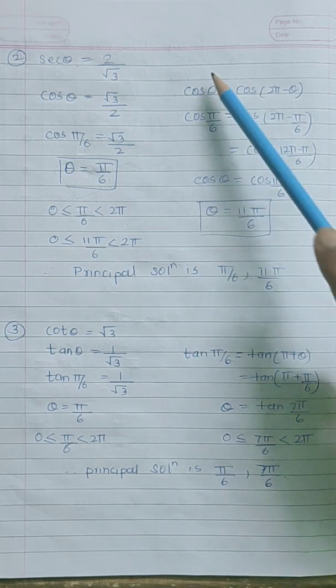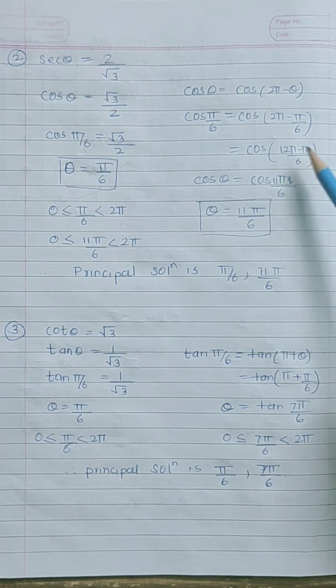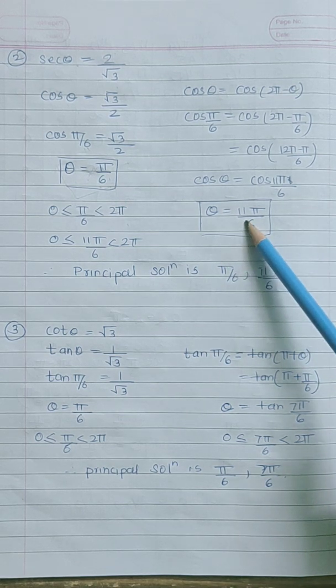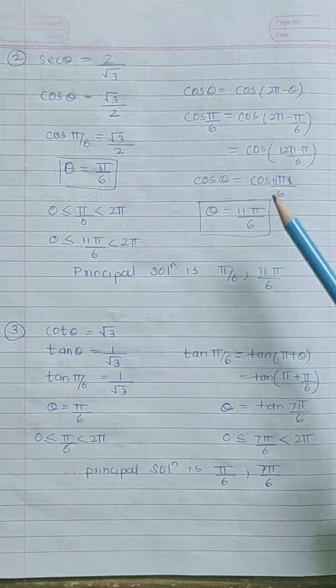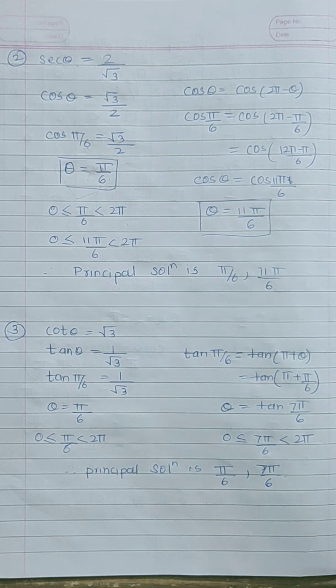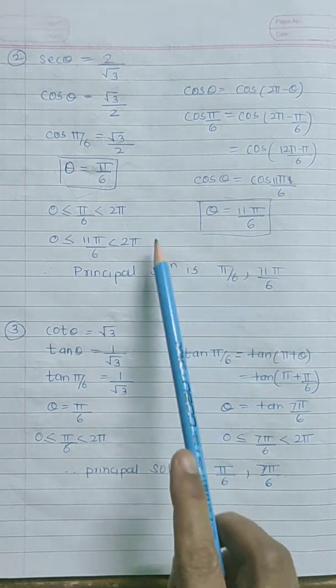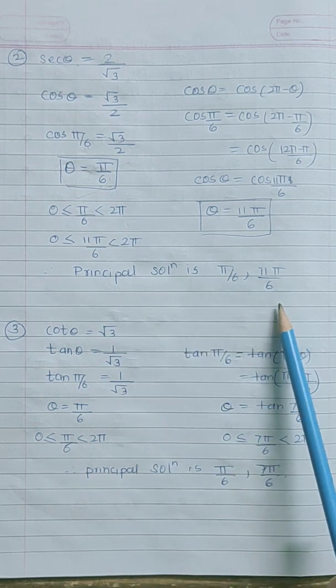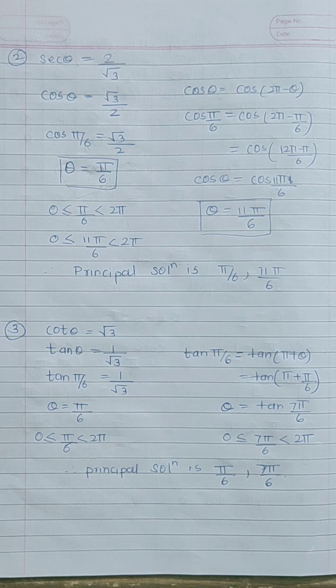So theta is equal to 12 minus 1, 11 pi by 6. So 11 pi by 6 also is less than 360. So the condition is satisfied. So the principal solution is pi by 6 and 11 pi by 6.